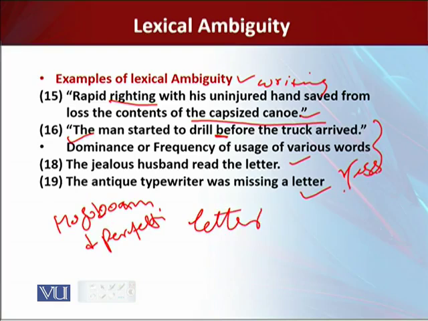It contains two different meanings. First, the primary meaning is a note sent by one person to another, which is the postal meaning, or an element of the alphabet, which is the alphabet meaning.